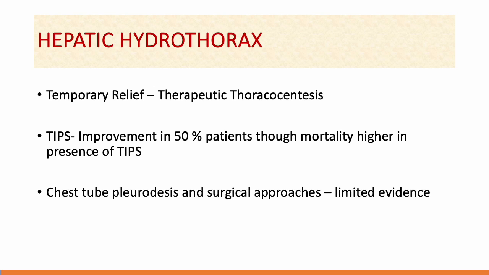There is no strict good evidence for chest tubes, for pigtails, for pleurodesis, and surgical approaches in this group of patients. So this is an area which is gray. Obviously, the definitive treatment is hepatic transplant. That's the only curative treatment.